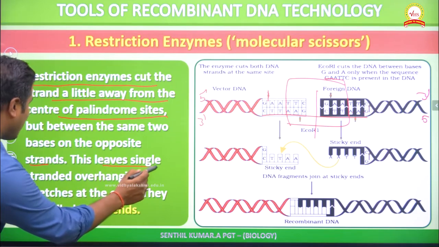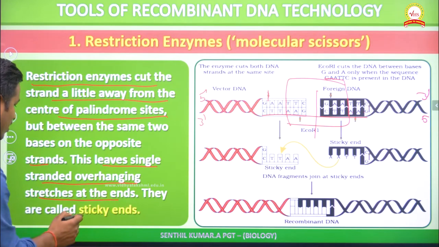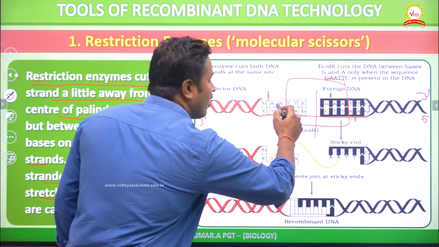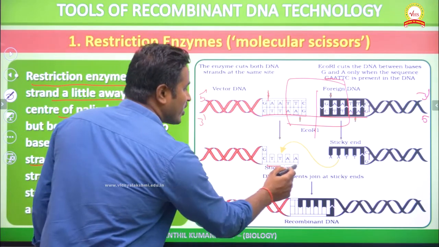This leaves single strand overhanging stretches at the end, and they are called sticky ends. Once the double strand has been cut, you can identify the sticky end.